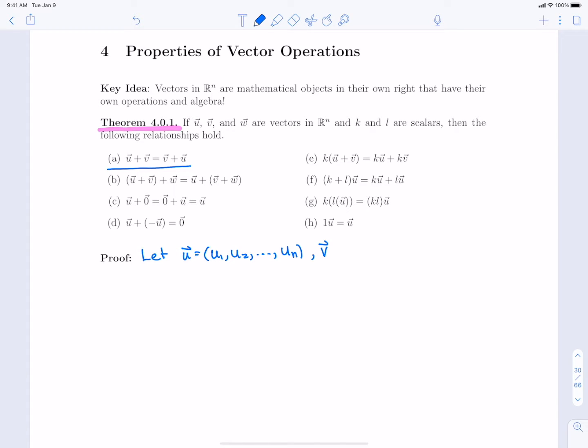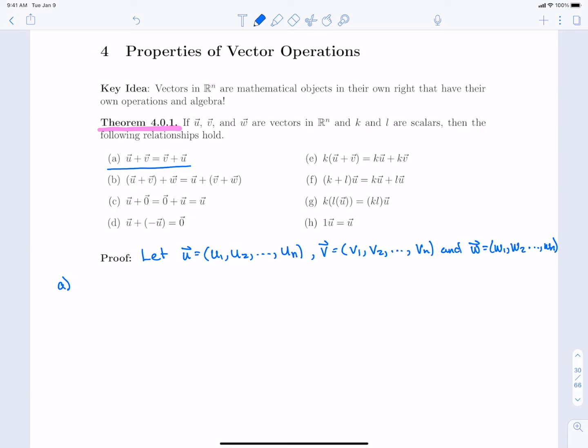We also want a vector v, so we'll have v1, v2 to vn, and a vector w, w1, w2, to wn.